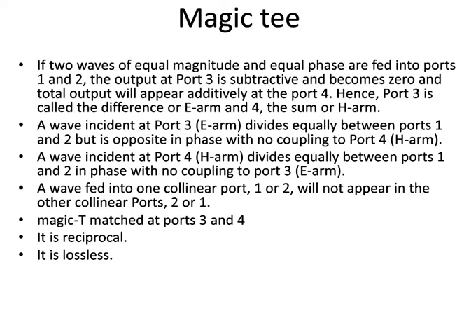Port 3 is called the addition arm and port 4 is called the subtraction arm because of this behavior. We will see the S matrix of this 4-port network now and how it is calculated.